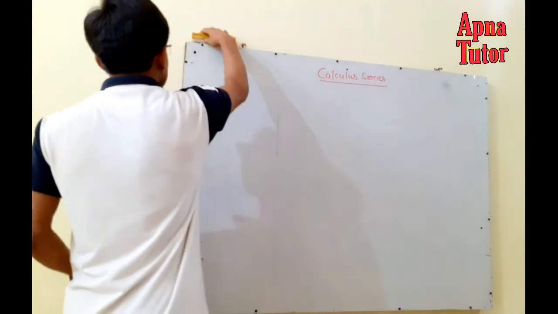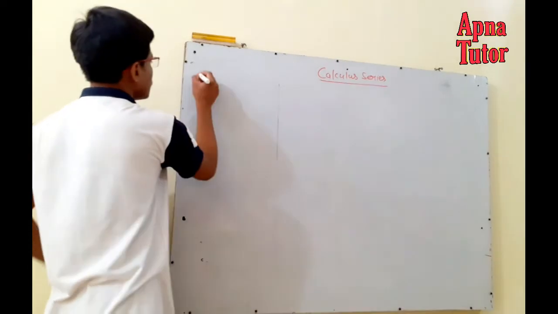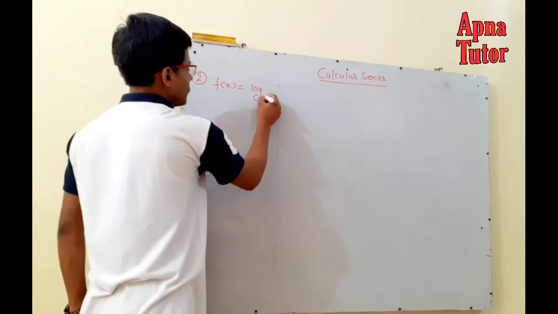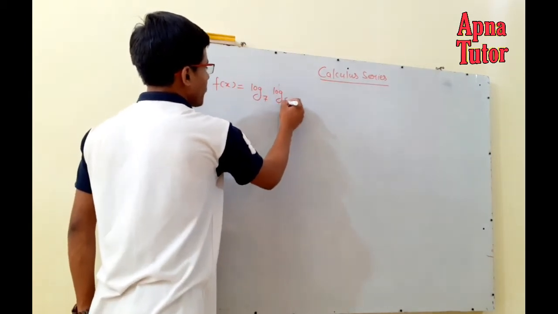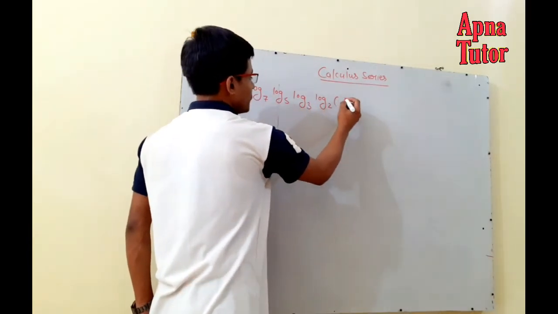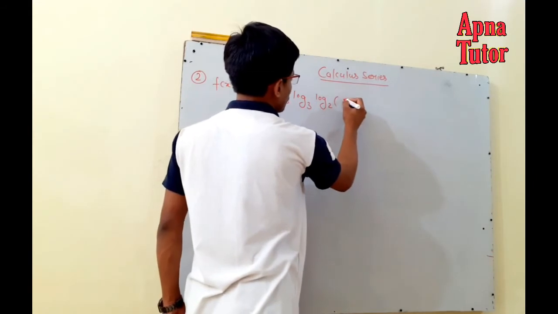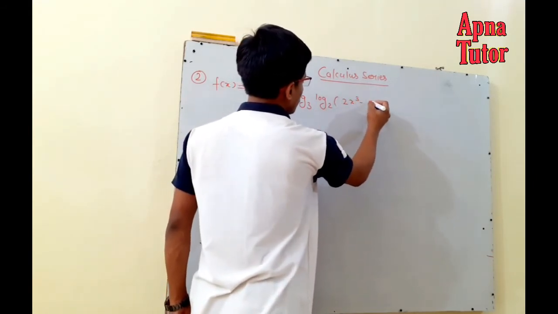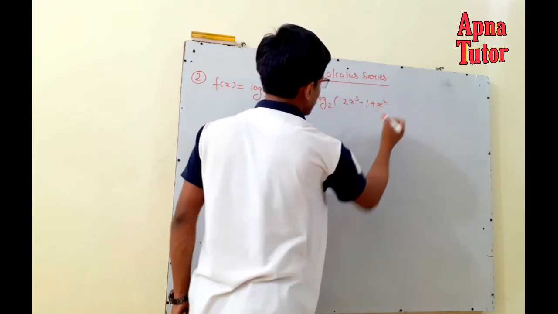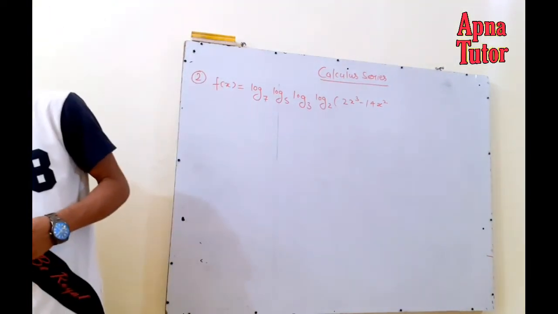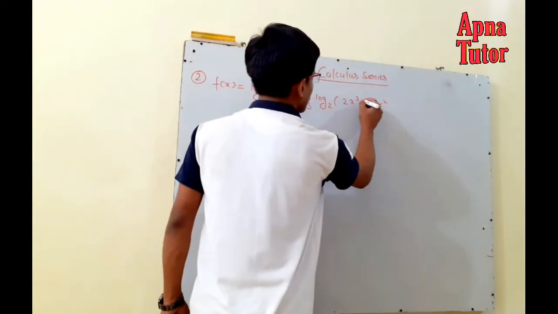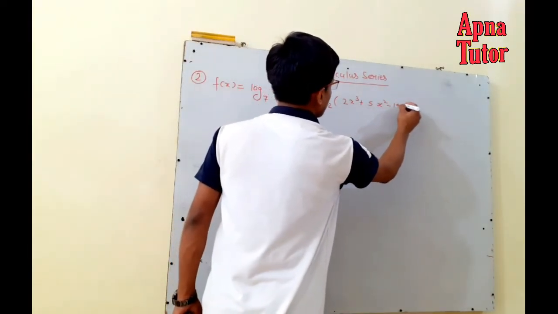So the second problem: f of x is equal to log 7 log 5 log 3 log 2 of 2x cube plus 5x square minus 14x.